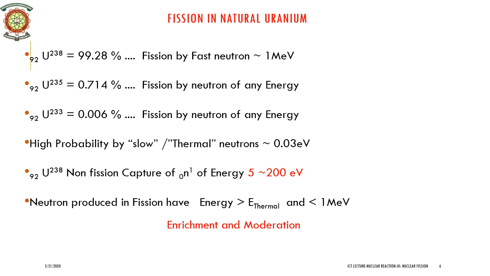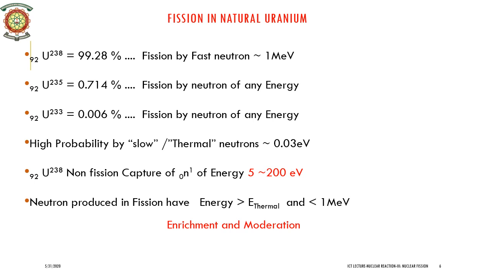Uranium-238, on the other hand, undergoes fission only with fast neutrons whose energy is of the order of 1 million electron volt or more. In addition, U-238 will also capture neutrons in the energy range band of 5 electron volt to about 200 electron volt through a non-fission capture process.